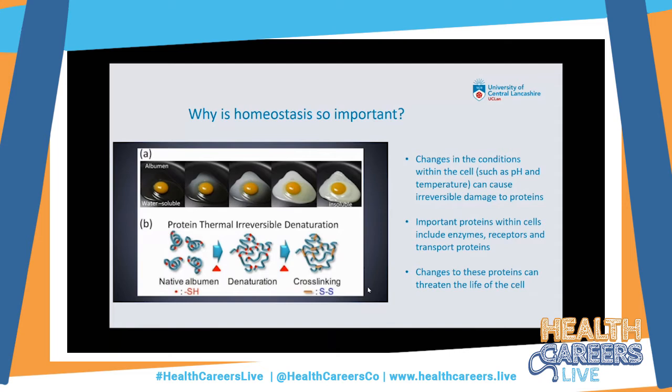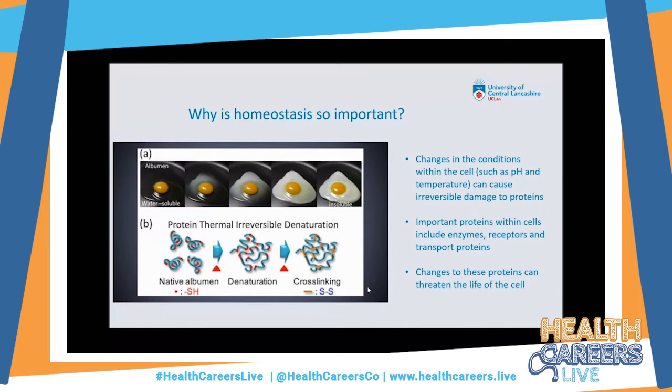It's exactly the same thing when it comes to the enzymes within our cells. So if we have changes to the conditions within our cell, so pH, temperature, and so on, this can cause irreversible damage to our proteins. And that means that important proteins within the cells, such as your enzymes, receptors, and transport proteins, might not be able to carry out their function.